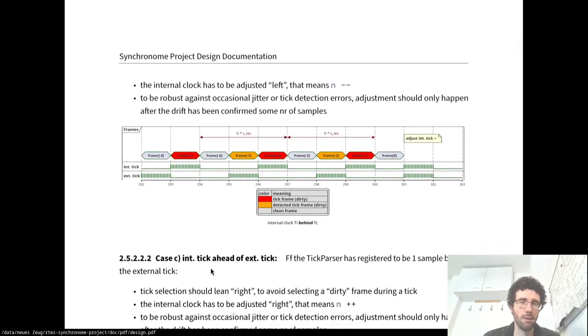And the solution is what I call a tick parser, and what it does is it will try to match detected ticks with internal ticks, and this way it will also be able to recognize whenever the internal ticks are lagging behind the detected ticks, and if that happens several times, it can adjust the frame numbering in order to counteract drift and synchronize the system.